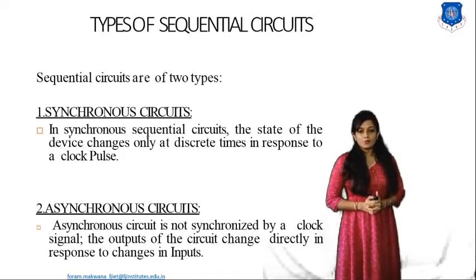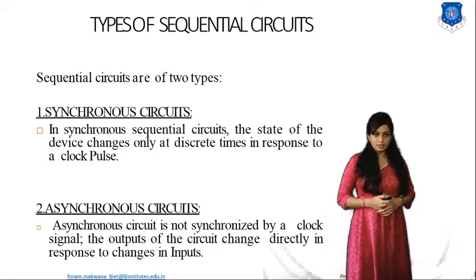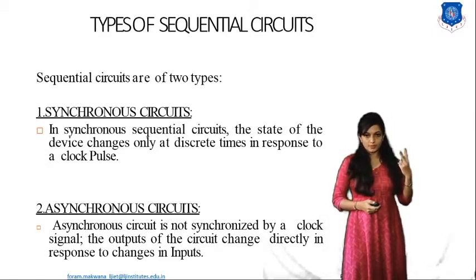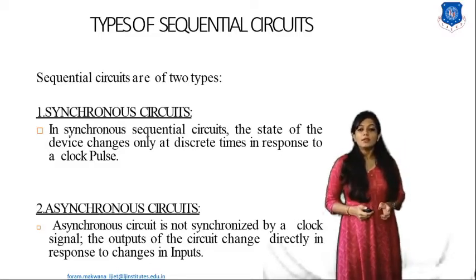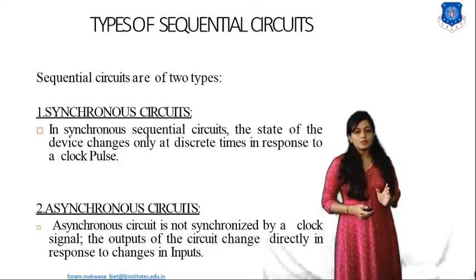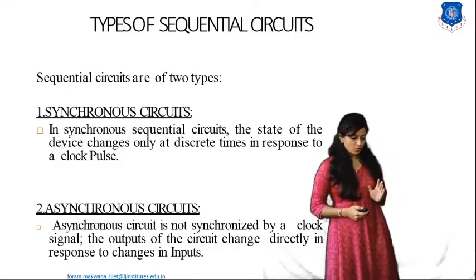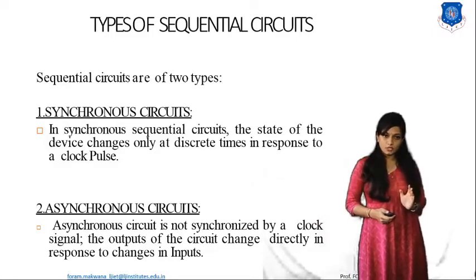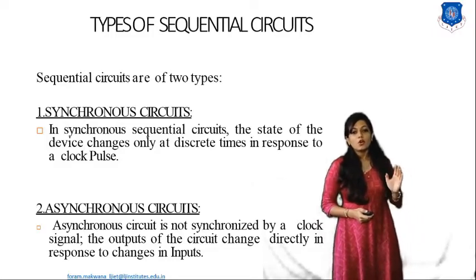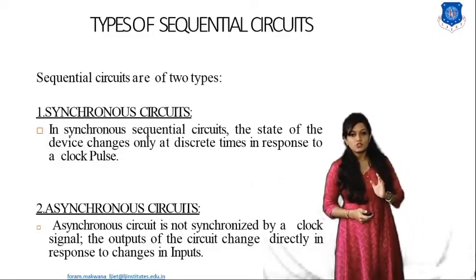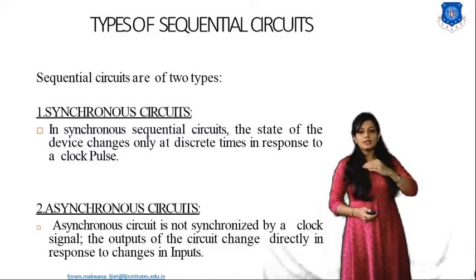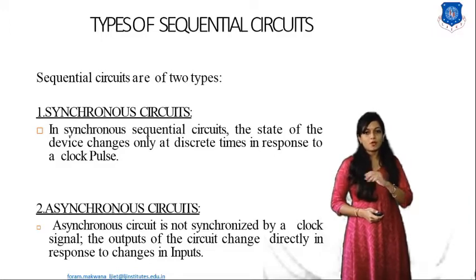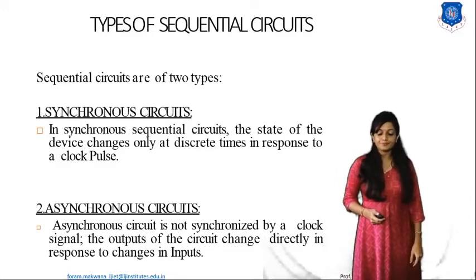What are the types of sequential circuit? Two types. One is the synchronous circuit, the second one is the asynchronous circuit. So what is a synchronous circuit? In the synchronous sequential circuit, the state of the device will change only at discrete time instants according to the clock pulse.